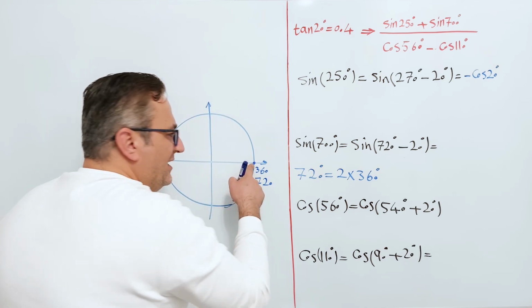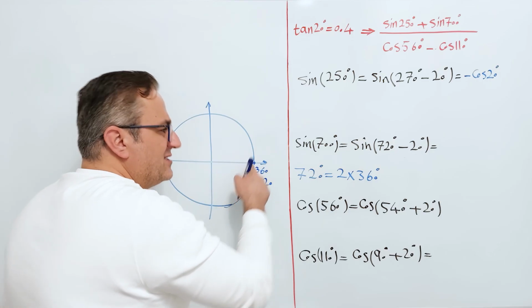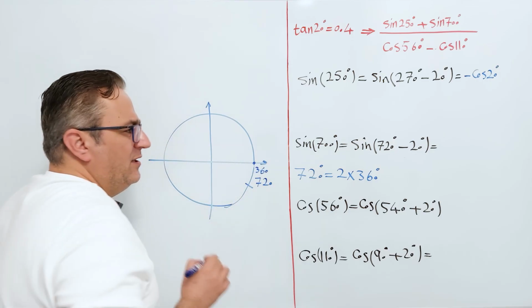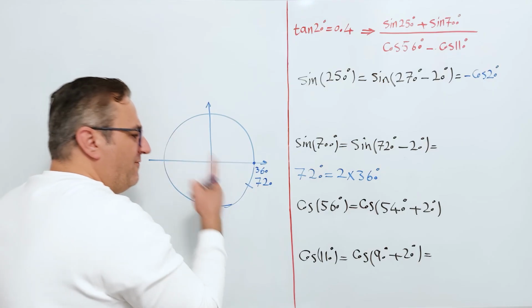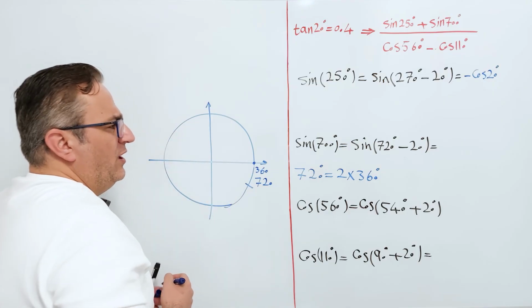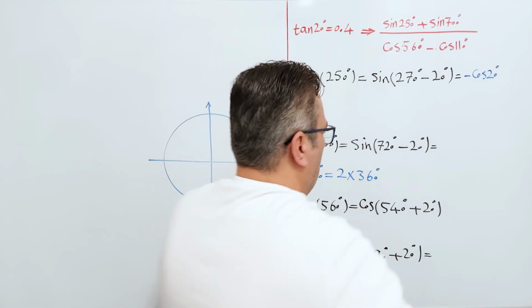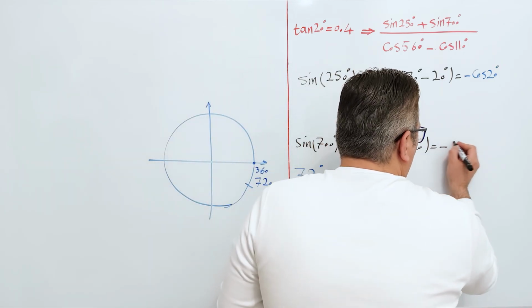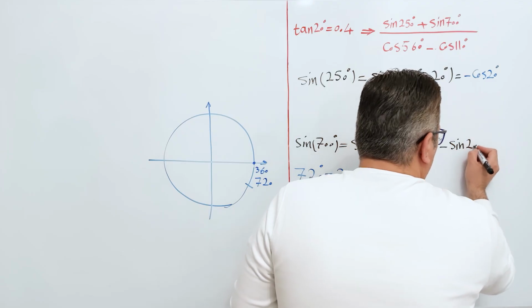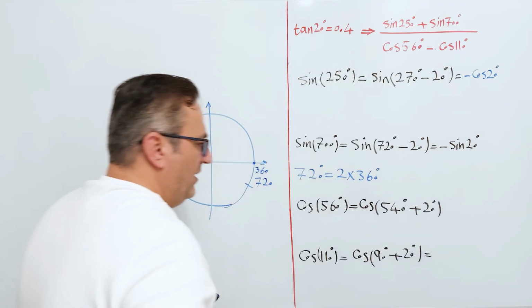So 720 degrees minus 20 degrees is in the fourth quadrant. So the sine in the fourth quadrant is negative, so minus sine of 20 degrees.